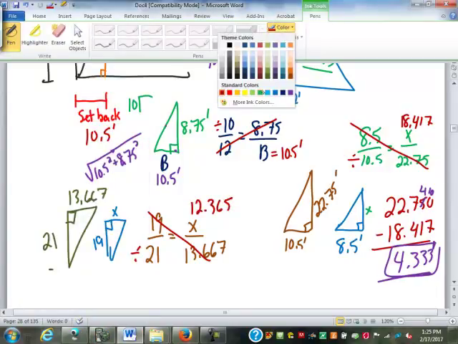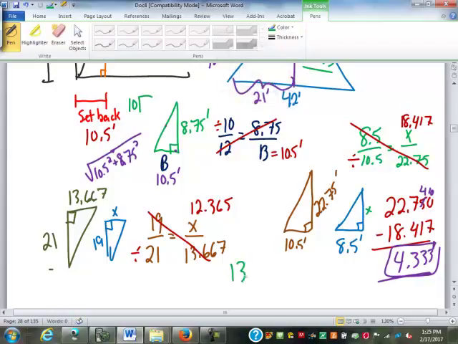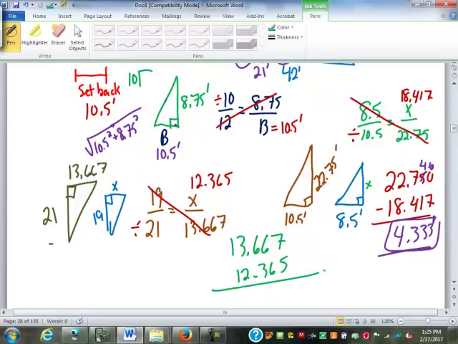So now we subtract 13.667 minus 12.365 gives us a difference of 1.302 feet. What do you think? More fun than you should be allowed to have?